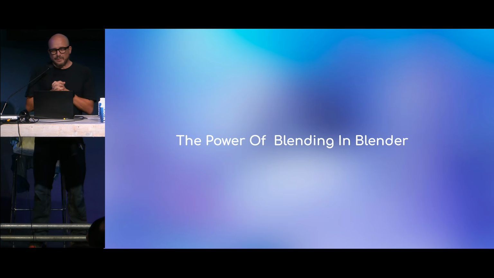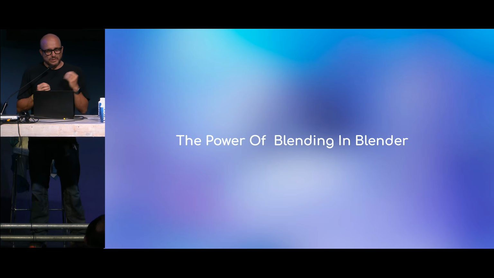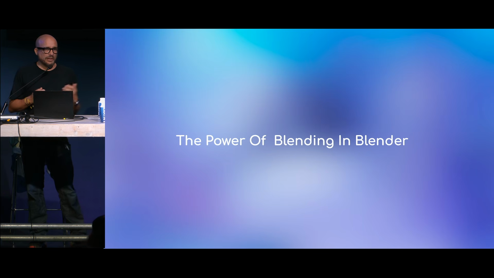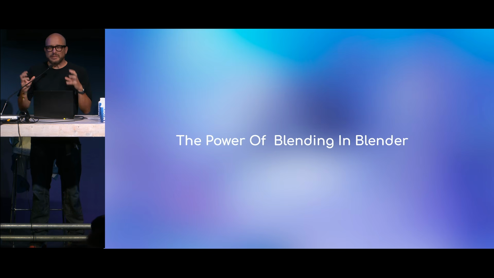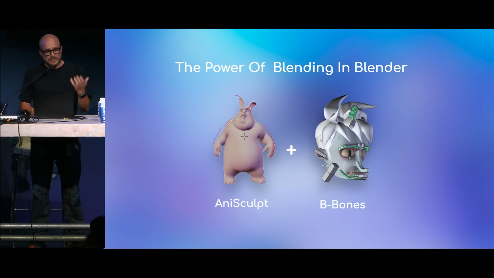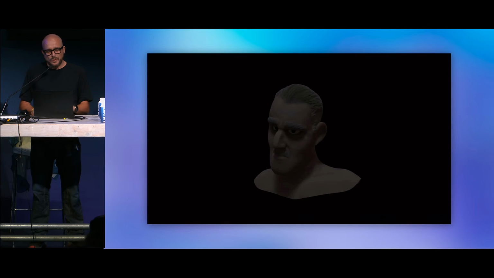One of the keys of this presentation is what I love in Blender: the power of blending in Blender. I think the most interesting part for me is trying to combine different techniques. For example, in this one, I'm using Anisculpt and B-bones.